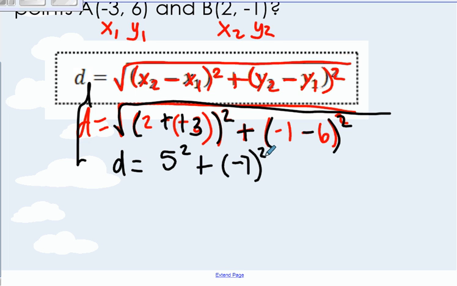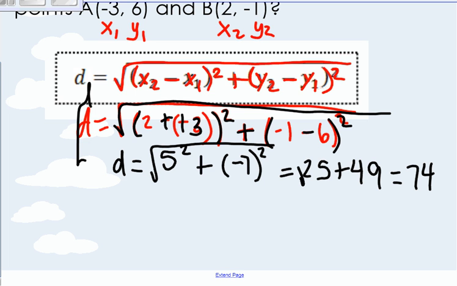Okay, so again, we're seeing that same pattern. So that's going to be 25 plus 49, which is ultimately 74. And then we take the square root of everything, because that's still on top of everything. So then we've got d equaling 8.6 again.